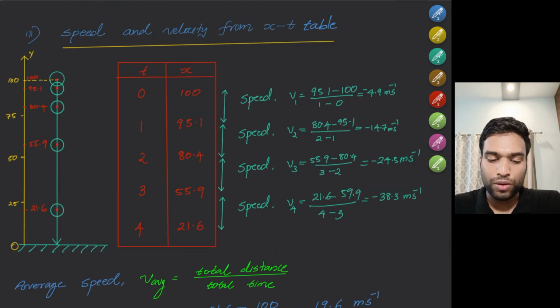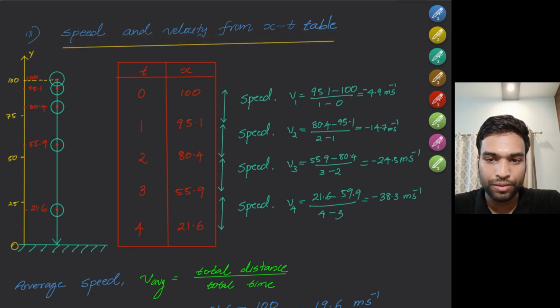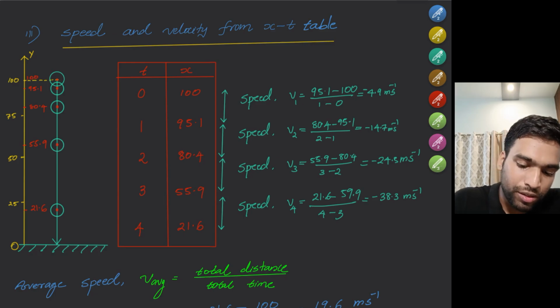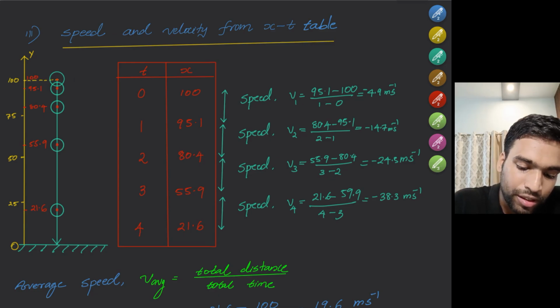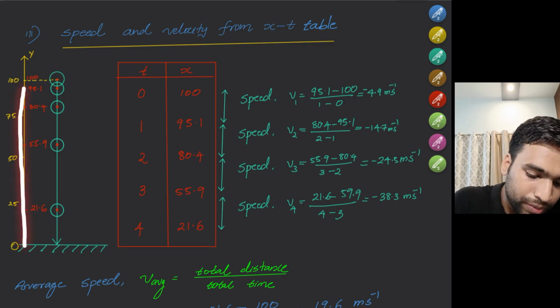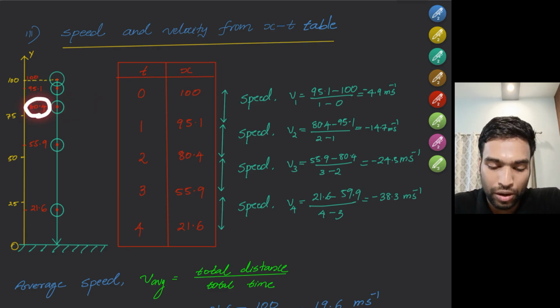Now let's focus on speed and velocity from x versus time table, okay, x-t table. So imagine you are dropping a ball from a 100 meter building. In the first second, it is at a distance 95.1 from the ground, and in the next second, that means in 2 seconds, the position is 80.4 from the ground.